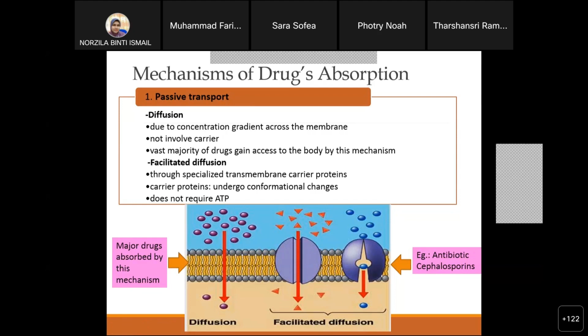Okay, so once the drug binds to any sites of the protein, it will undergo conformational changes and make an opening for the drugs to diffuse to the other side. Passive transport does not require ATP.